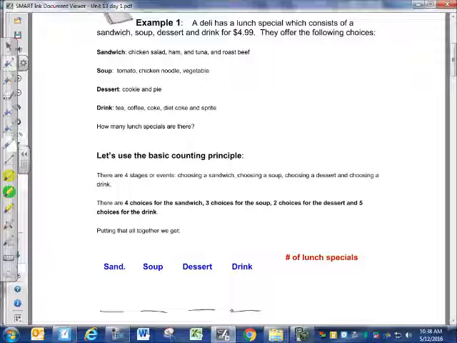It helps me realize that I have 4 spots to put choices into. What goes in the spots is not the cost of something. I'm not putting the cost of the sandwich or the soup. I'm putting the number of choices in each one.